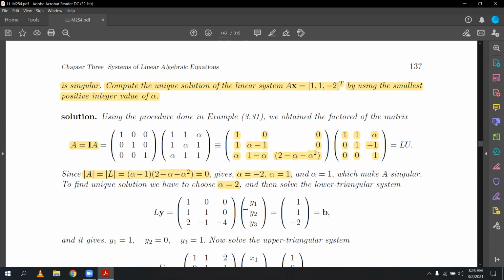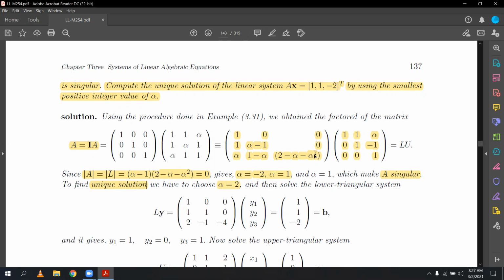The positive integers are 1, 2, 3, 4, 5, 6. The smallest is 1, but 1 gives you a problem, because 1 makes A singular, and singular we cannot use here. So to find the unique solution, we have to use the very next positive integer, which is alpha equal to 2.